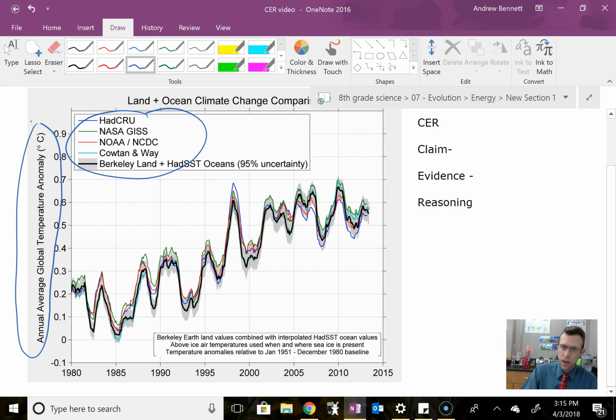And we're going to make a claim based on this evidence. So all of this data is relative to that average temperature. So 0 would mean that temperature is exactly at the average temperature for 1951 to 1980. So that's our 0 meaning on this.